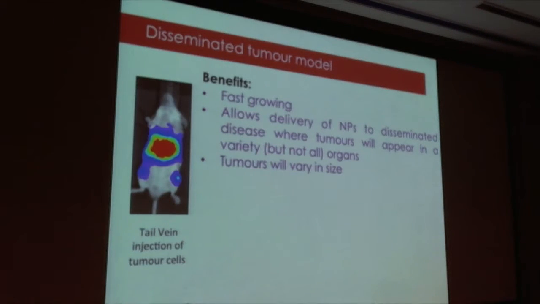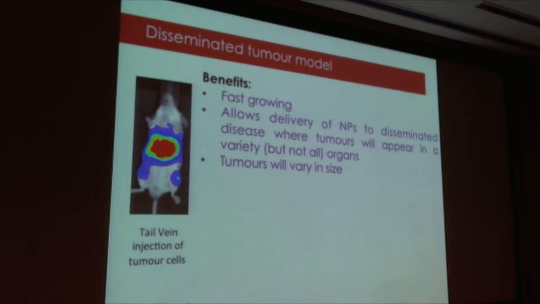And then we also use a model called the disseminated tumour model, and this is where we can just inject the tumour cells in the tail vein, and they circulate and form tumours quite rapidly. In this particular model I'm showing you, this is a neuroblastoma model. It's very fast growing. It allows delivery of the nanoparticles to disseminated disease, so you'll have some small nodules, you'll have some larger nodules.